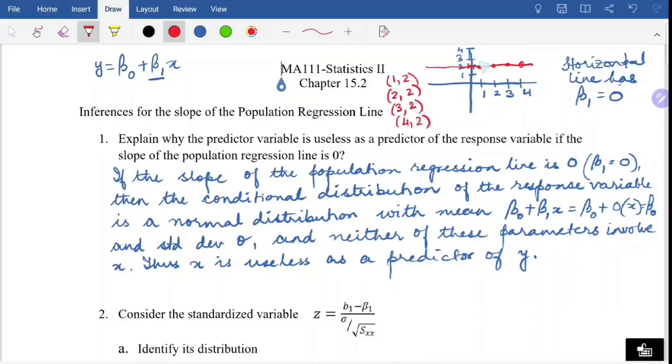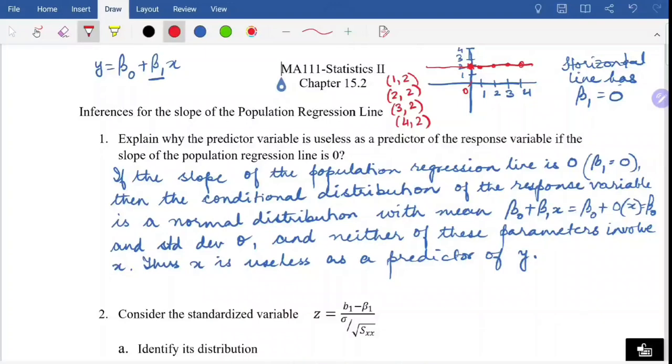All right, so what do we see here? Even though we are plugging in different values of x, it's not having any effect on the value of y. Y remains 2, whether you plug in 1 or 4 or 50 or 0, it'll always remain 2. And that will be the case in any horizontal line, right?